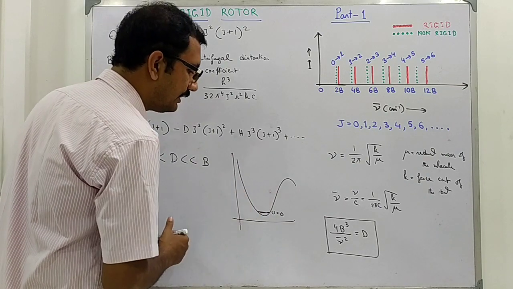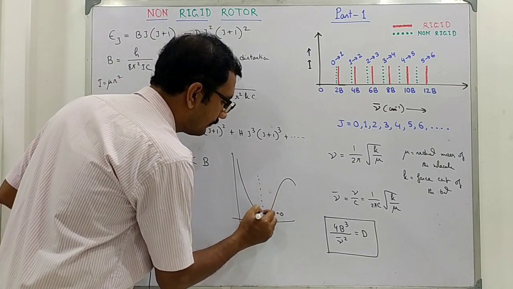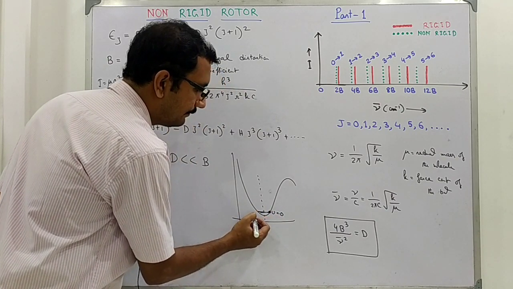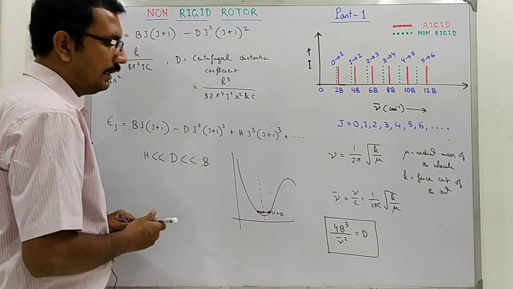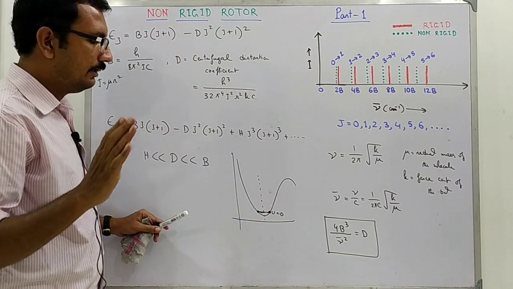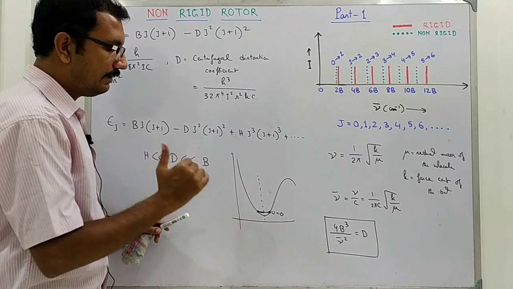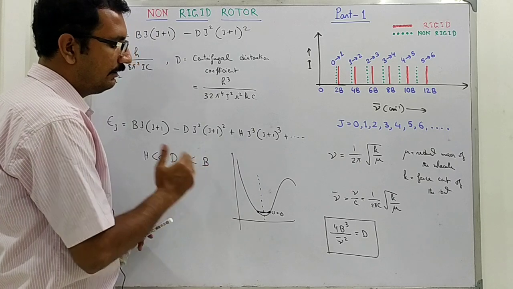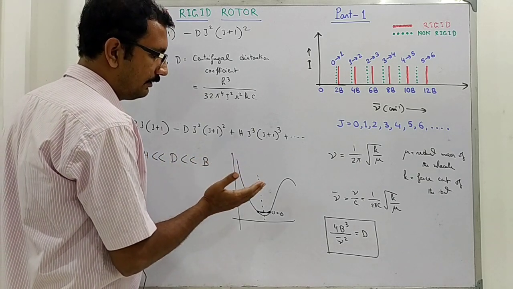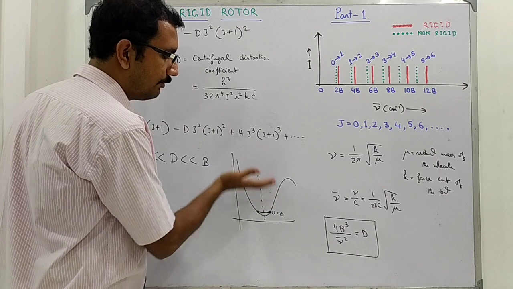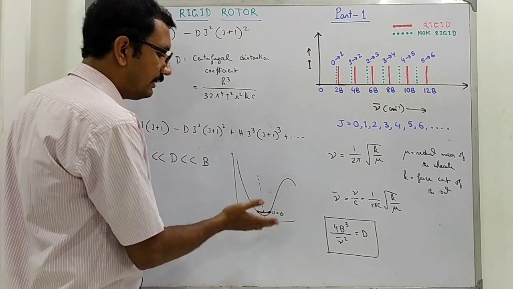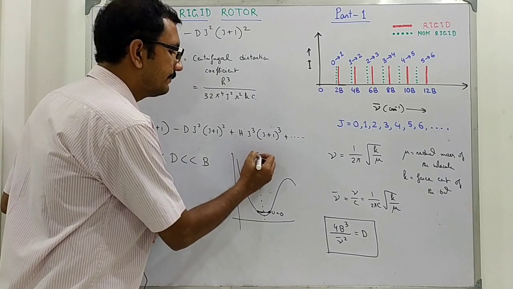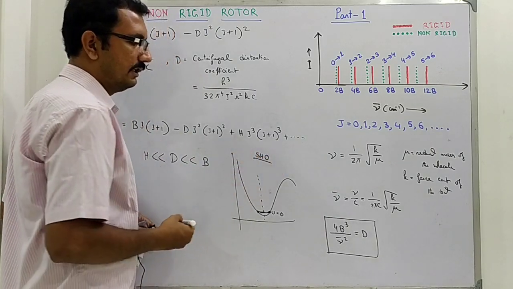Now, in the ground state, you see the stretching and the compression are almost equal, and the difference between the stretching and the compression amplifies as we go up. So, in the ground state, to a good approximation, we can consider that the molecule behaves like a simple harmonic oscillator.